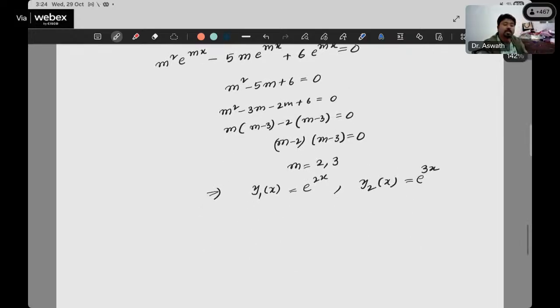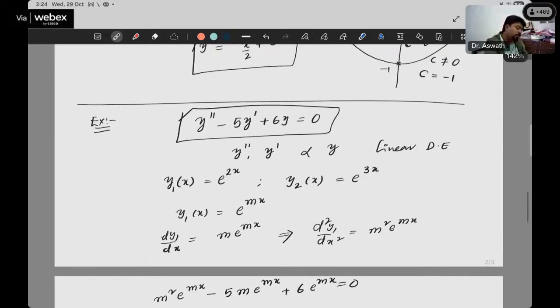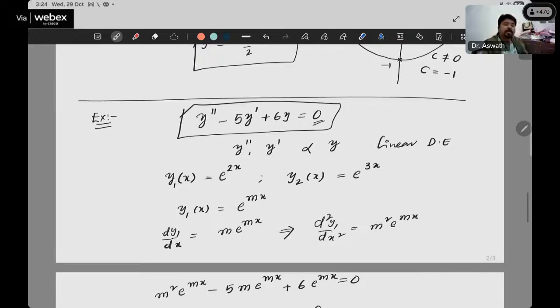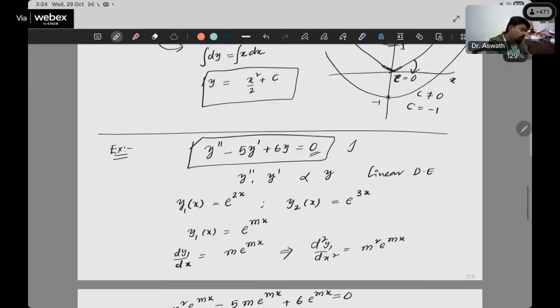Interestingly, for linear functions, these are also called homogeneous functions because I don't see anything on the other side of the equal symbol. So these are called homogeneous differential equations.